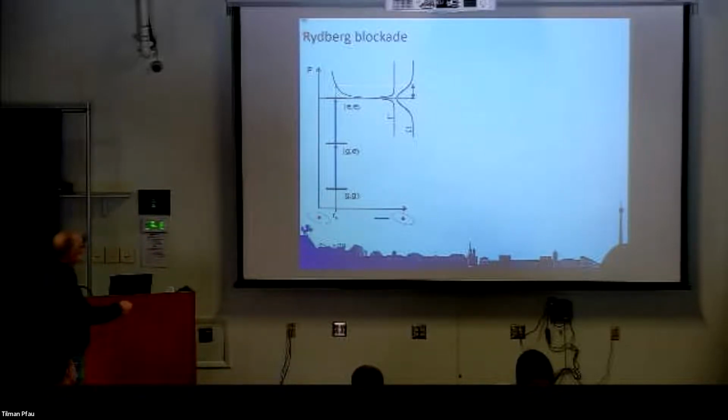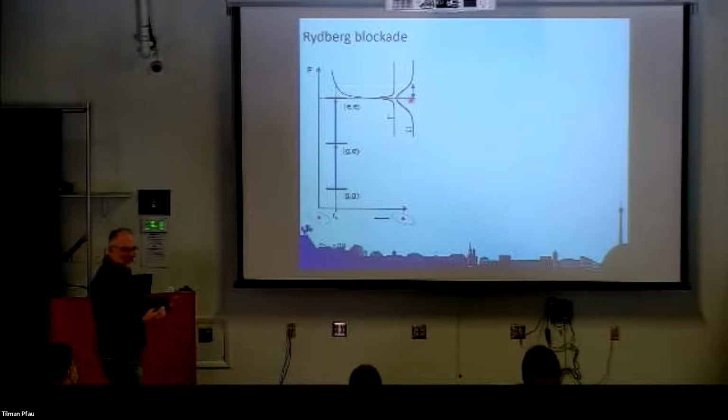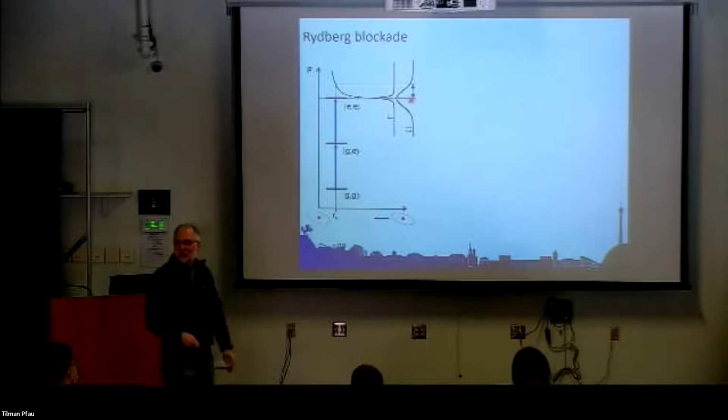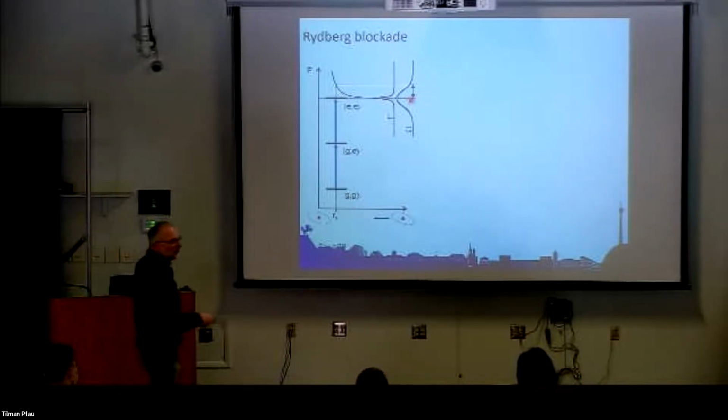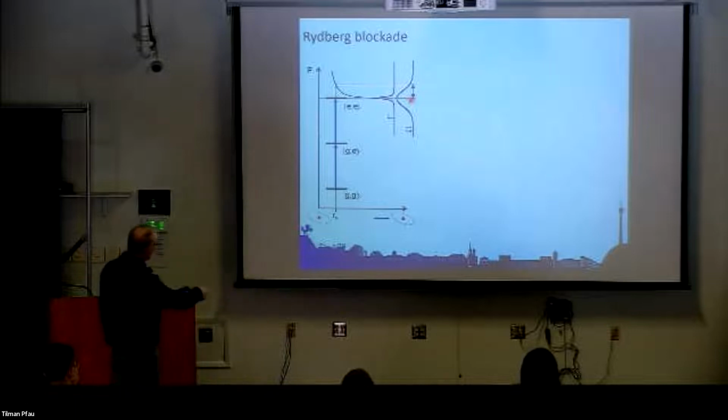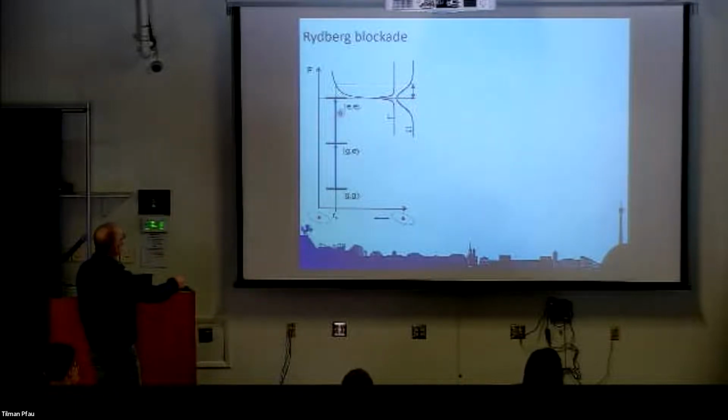Now, if I do this excitation with a line width gamma or a power broadened laser that is broadened by Rabi frequency omega, then this interaction leads to a blockade effect, meaning that if these atoms are sitting closer than the blockade radius, that is just given by equating this van der Waals potential here with the line width of your excitation.